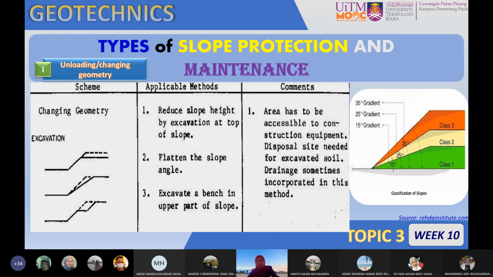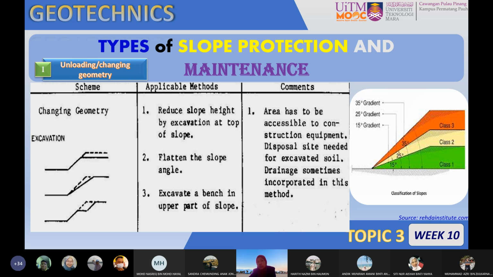So this is a very simple process, and the project does not need a huge amount of money, so we can solve the slope failure by proposing these three methods of work for unloading or changing the geometry of the slope angle.